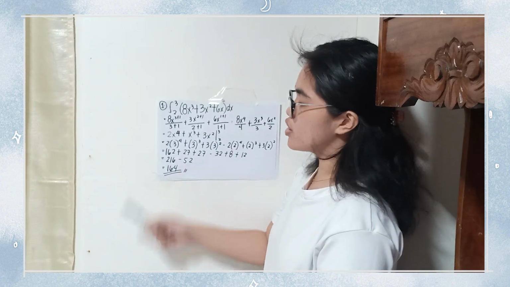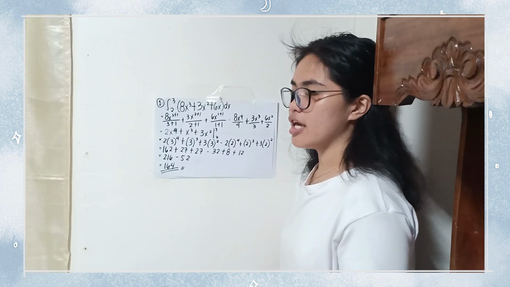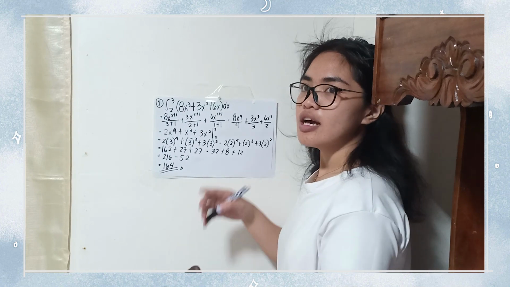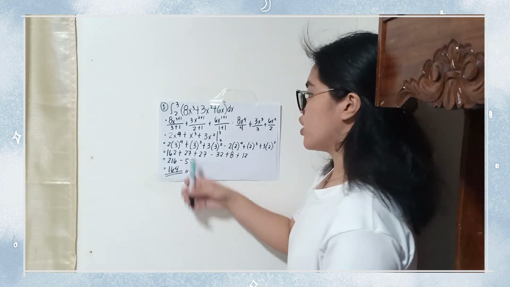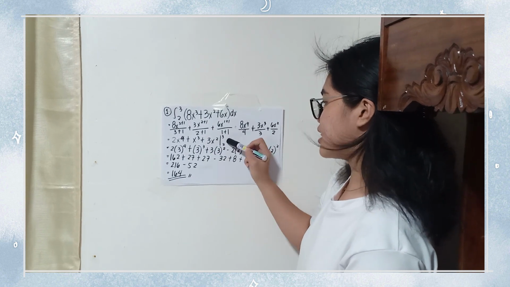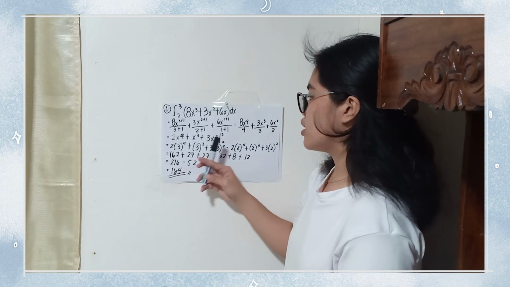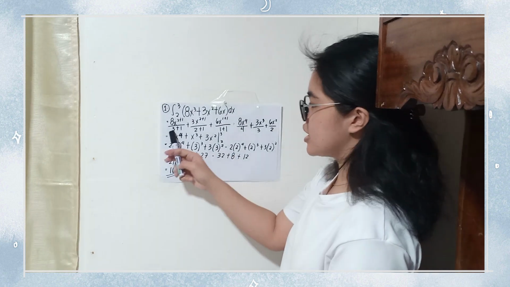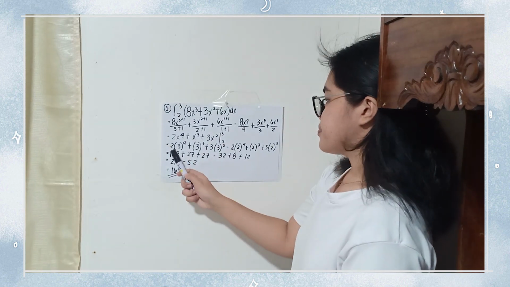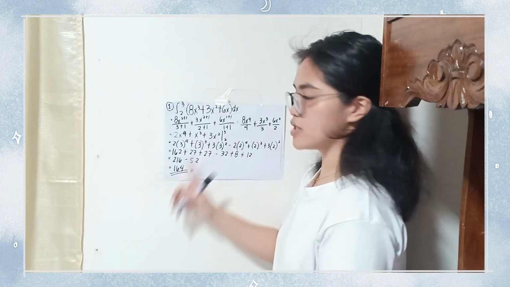After that, we follow the given formula earlier: F of b minus F of a. So here we need to substitute the upper limit and then the lower limit, substituting 3 for every x.